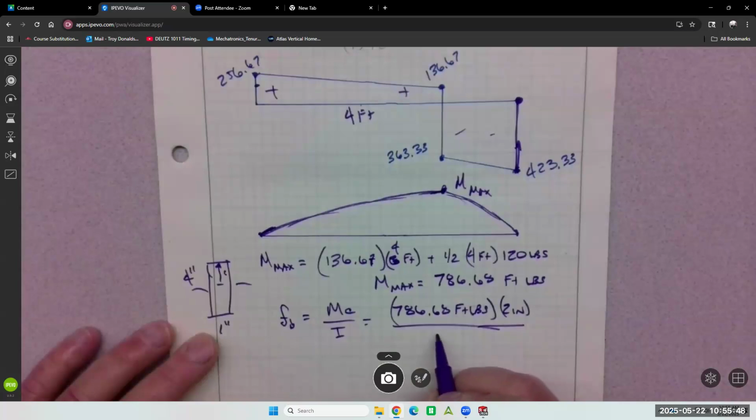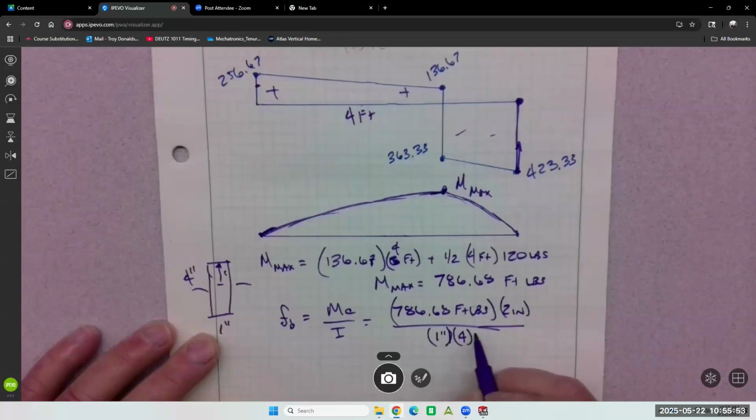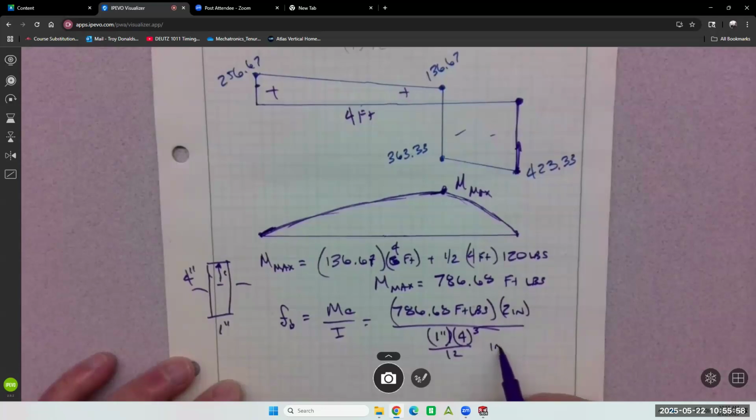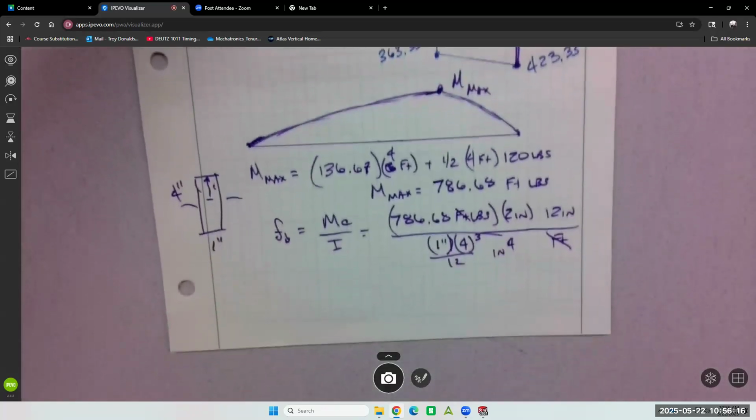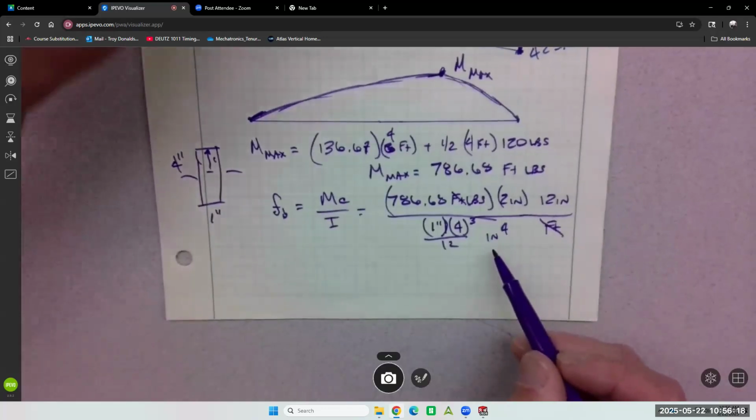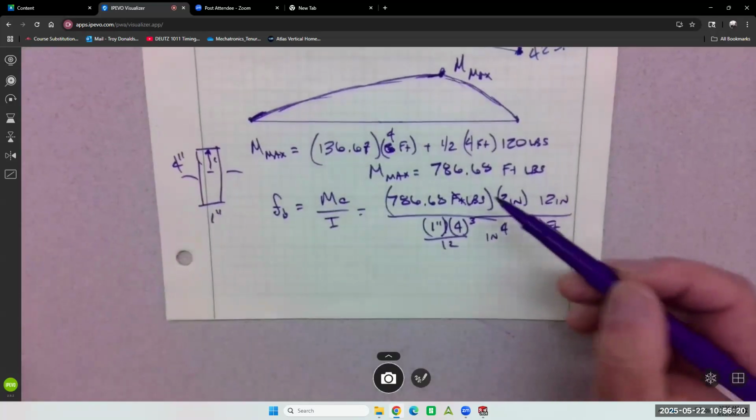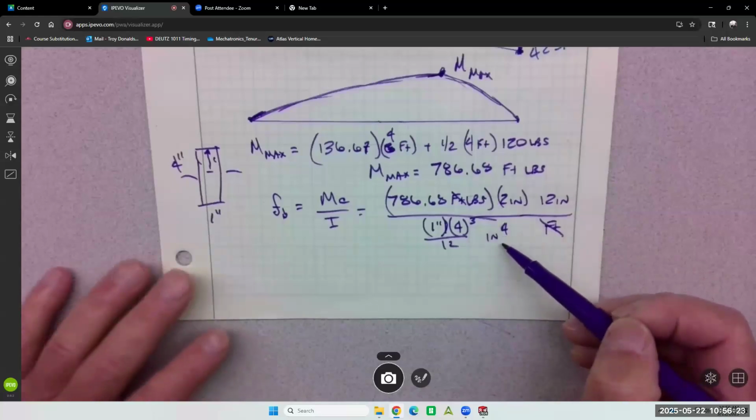Yeah, so base is 1. 4 is the height, and that's what gets cubed over 12. So this is going to give us inches to the 4th down below. So we really need inches squared above. So we got to get rid of this foot. So we need 12 inches per foot to cancel that. So once you get your units all to work out, your inertia is going to be inches to the 4th. We need inches squared above. That'll give us pounds per square inch, which is what we want.